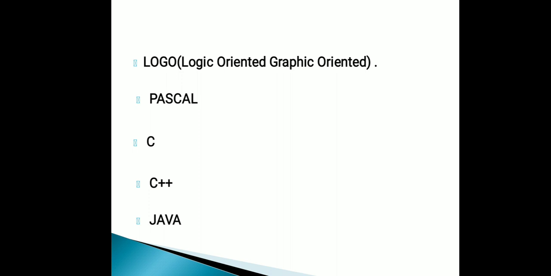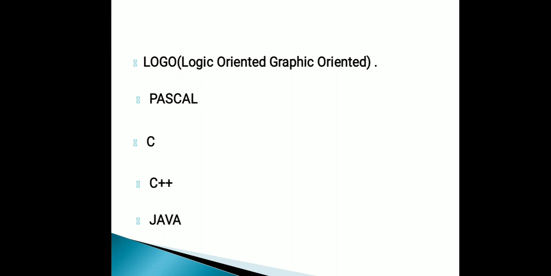Next one is the Pascal language. Who developed Pascal? This was developed by Professor Niklaus Wirth. And it is named after the great French mathematician Blaise Pascal.